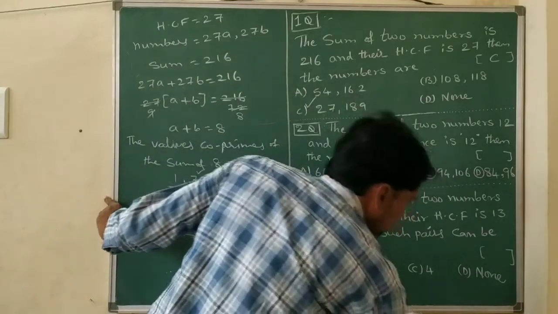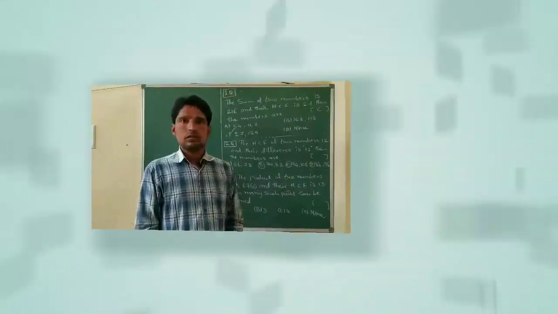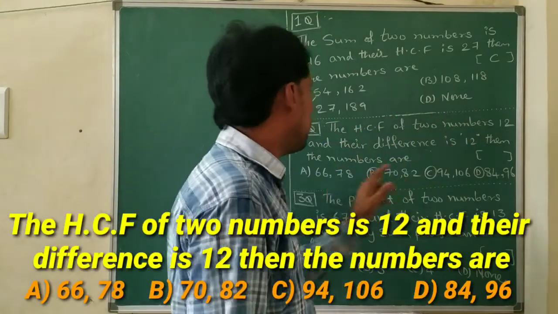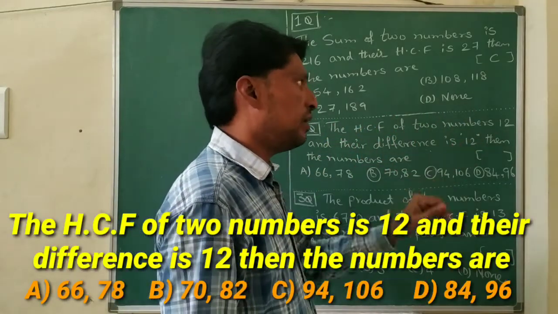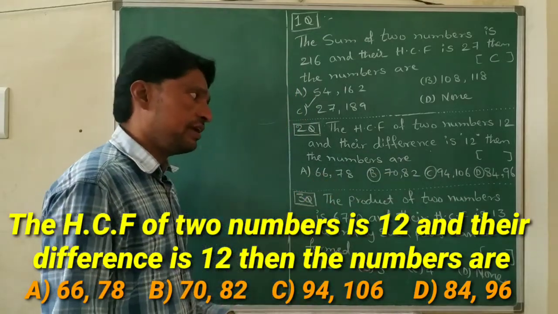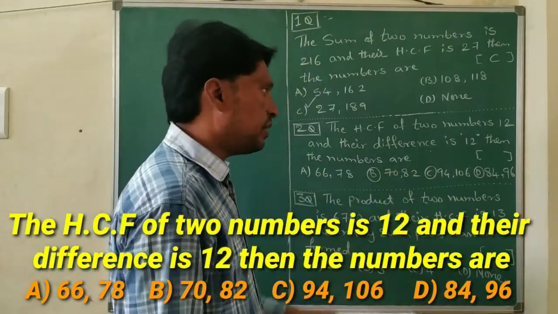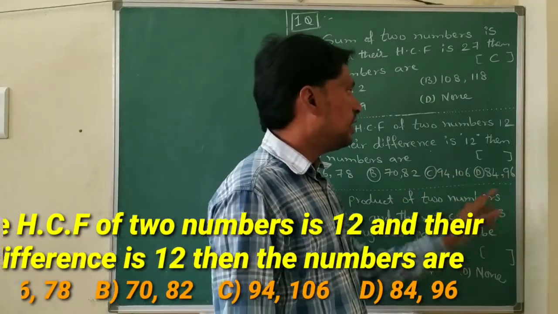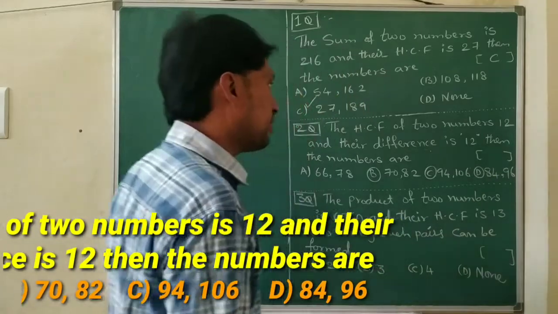Next, question number 2. The HCF of two numbers is 12 and their difference is 12. Then the numbers are: option A 66, 78; B 70, 82; C 94, 106; D 84, 96.